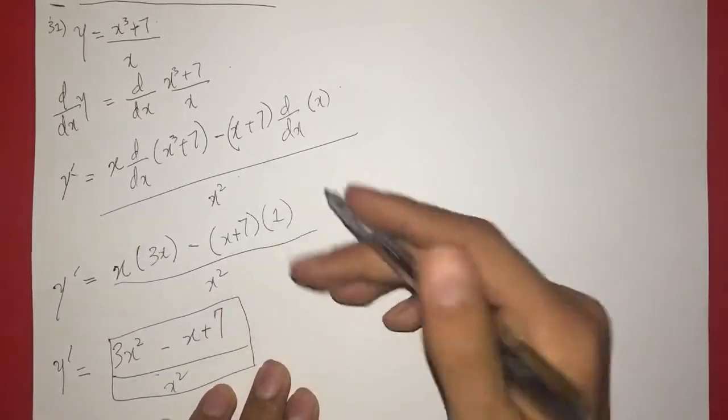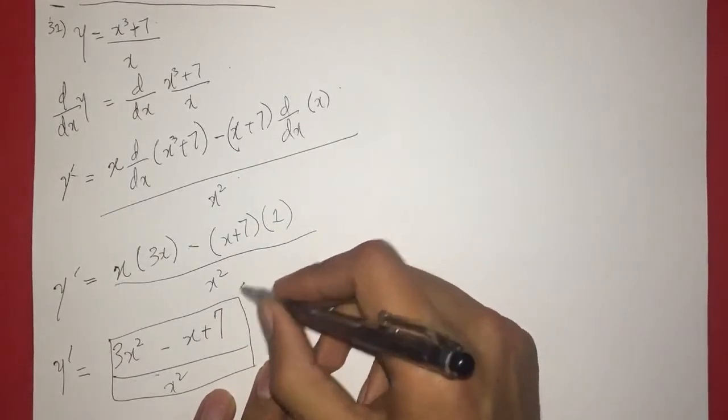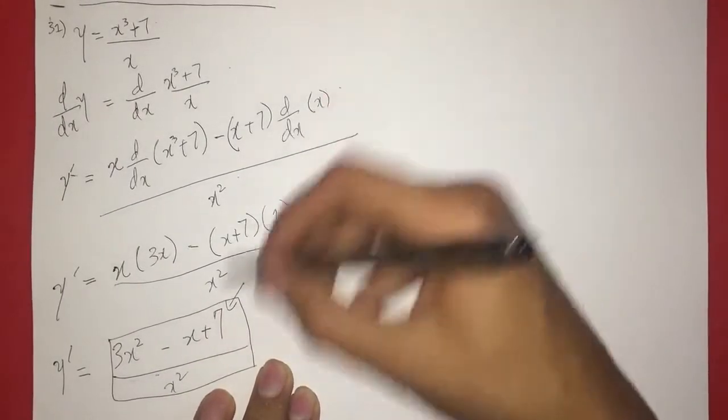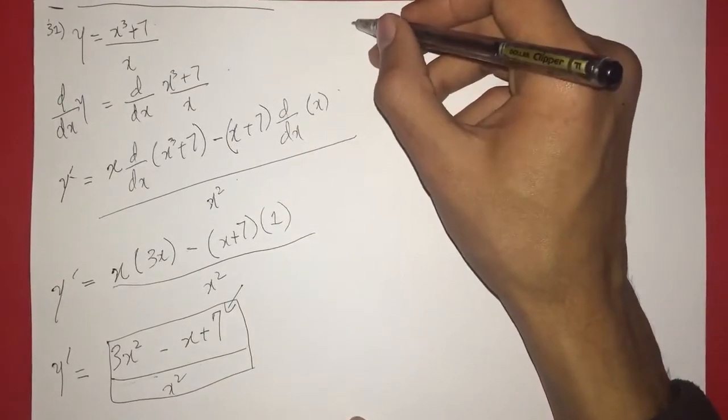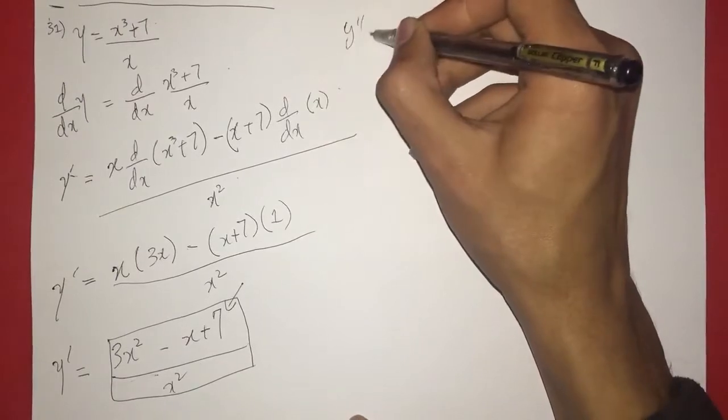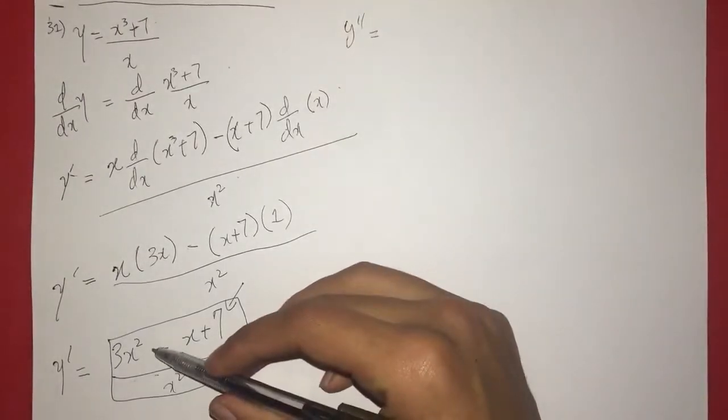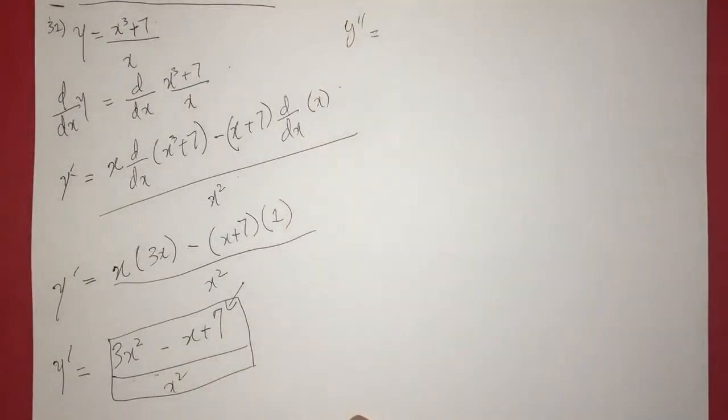Now if we find the second derivative, that means we are going to find the derivative of the derivative of y, the y double derivative. I'm just going to do it directly.